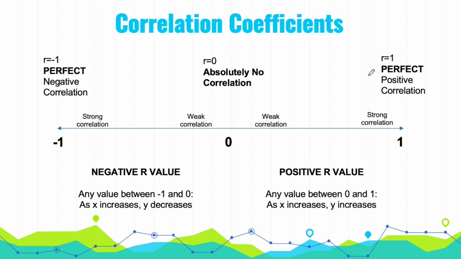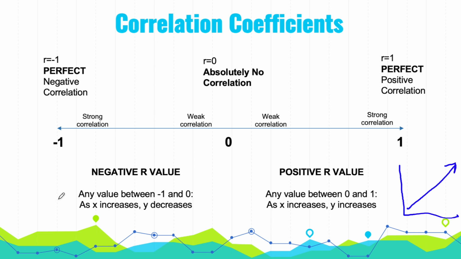Now let's review, what do we expect in terms of the direction of the line? If you have a positive R value, you're looking for any value that's between 0 and 1, right? Mathematically, any value above 0 is positive. And as x increases, y increases. So again, just to draw, you would expect a best fit line going up from left to right in this direction.